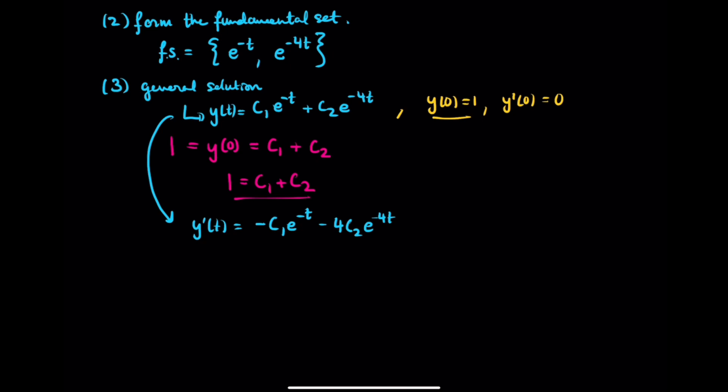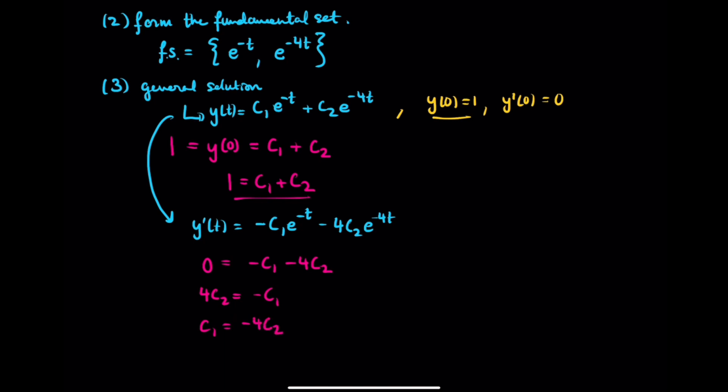Now 0 equals minus c1 minus 4c2, because e to the 0 is always just 1. So 4c2 equals minus c1, and then c1 equals minus 4c2.